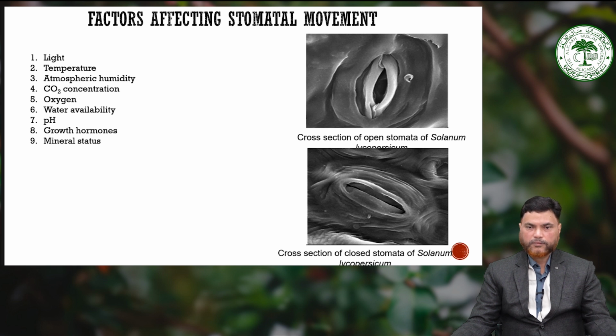Another factor is hydrogen ion concentration, that could be measured in terms of pH. The effect of pH on stomatal opening and closing is not direct and not well understood. However, changes in the pH can indirectly influence stomatal behavior through their effects on ion concentrations and generally enzyme activity inside the guard cell.